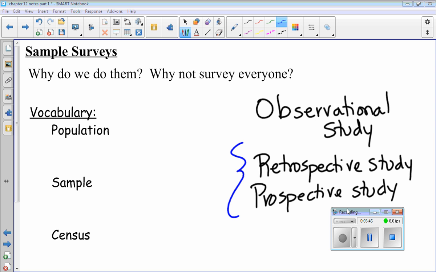Breast cancer or any kind of cancer is often a prospective study because, like my mom, for example, had a melanoma, which is a really aggressive type of skin cancer, about 10 years ago. And she was part of a prospective study that followed her for 10 years because they were trying to decide the likelihood of a melanoma returning as another form of cancer.